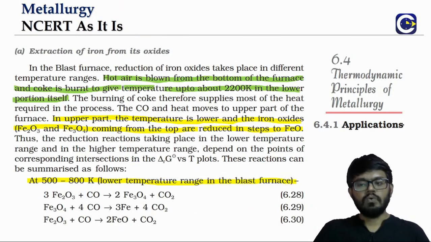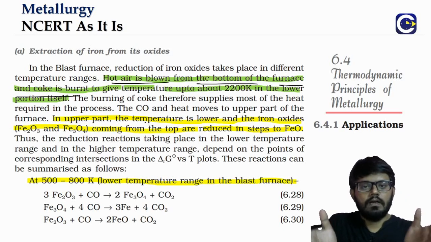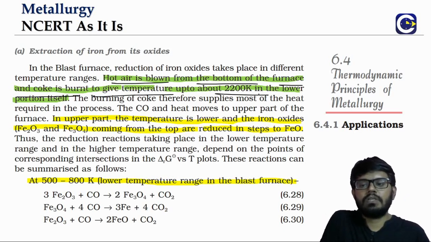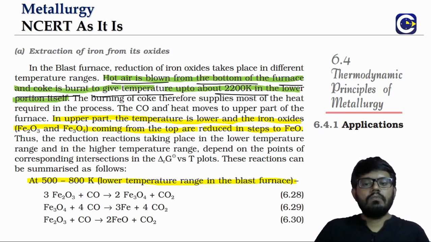Okay, so what is it? Now we will go through the text. So the hot air is blown from the bottom of the furnace, and what is the source of the heat? The complete combustion of the coke. And as the carbon dioxide is rising through, we will see what?